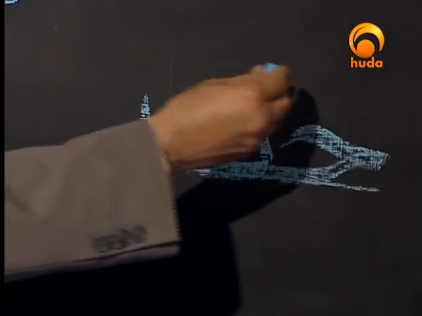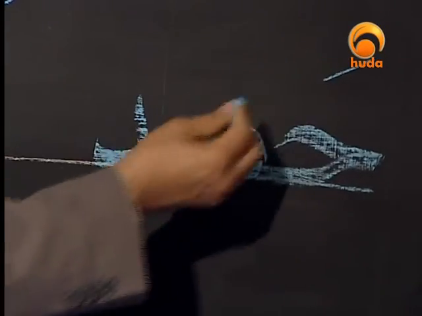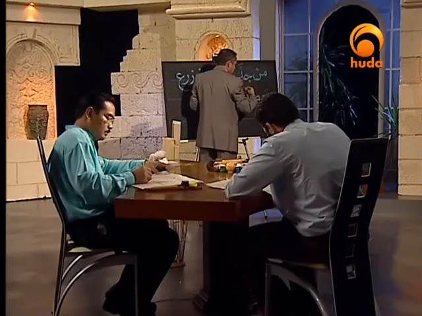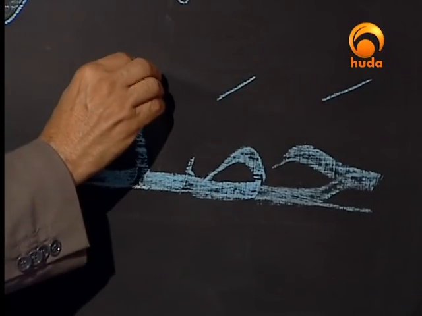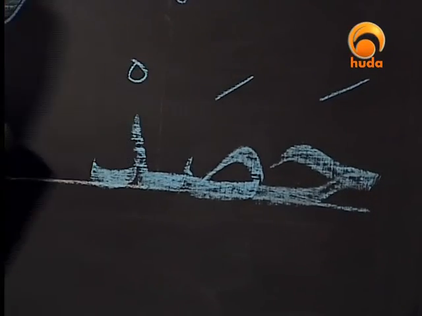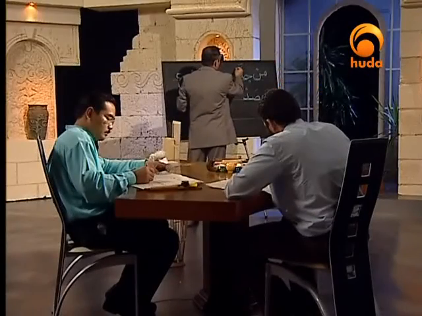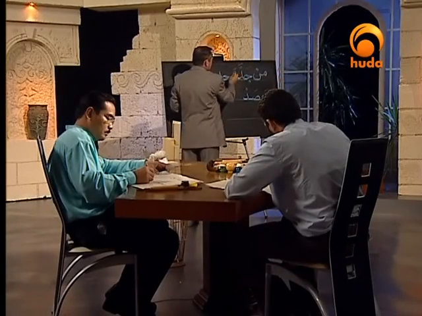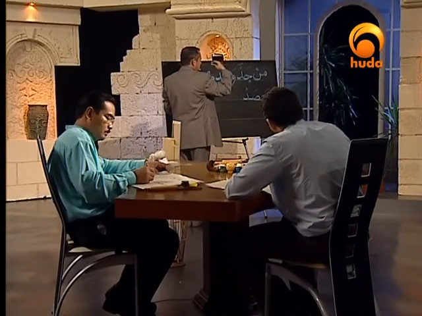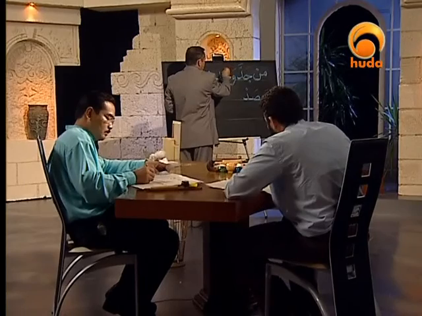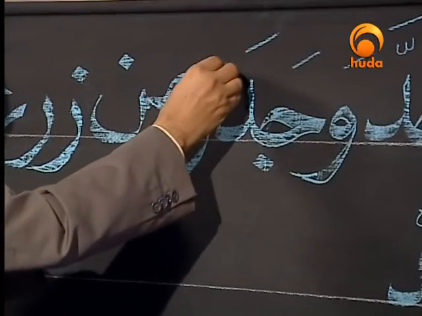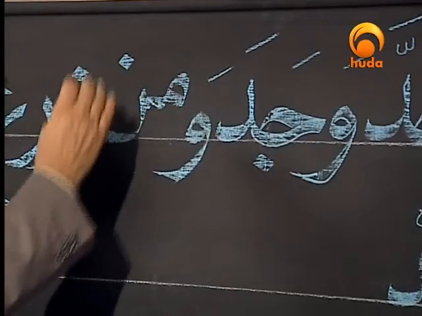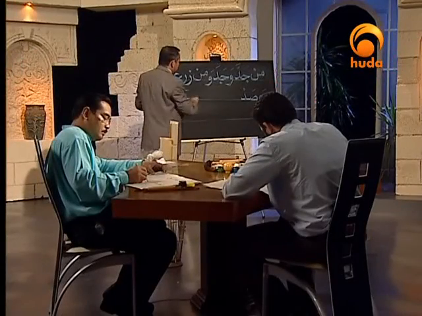Let's do the intonation of this one. Ha is up tone, Sad also, and Dal is silent, sukun. Like this. Here, Waw also a Fatha tone, and the Jim same, Dal also same, Waw, just only to fill the spaces between the letters.